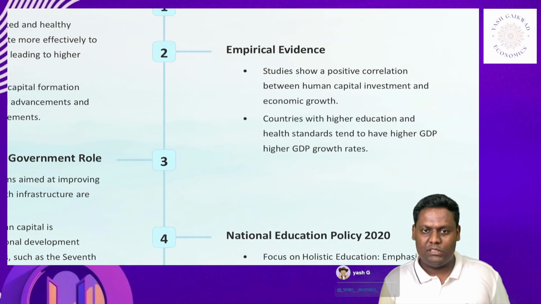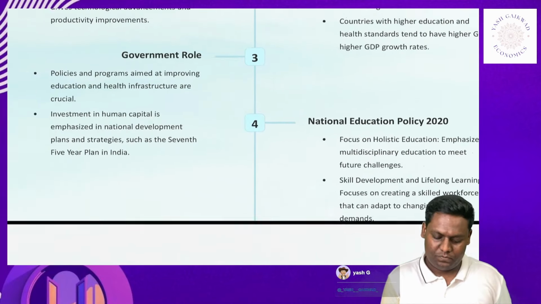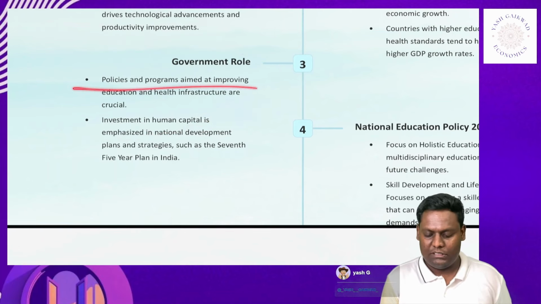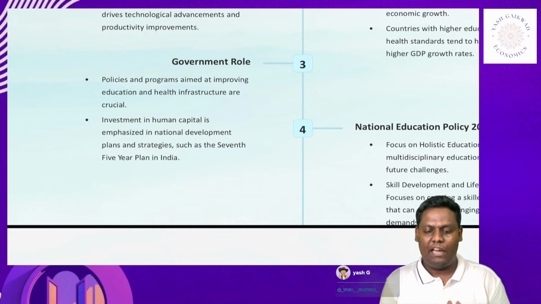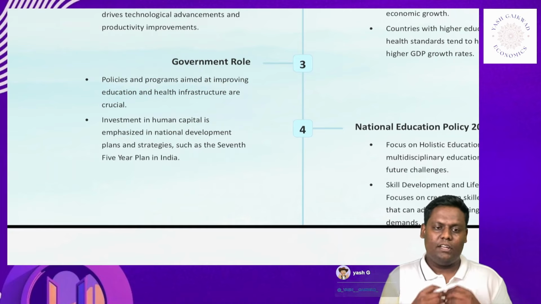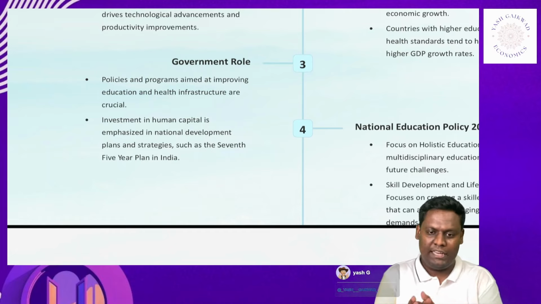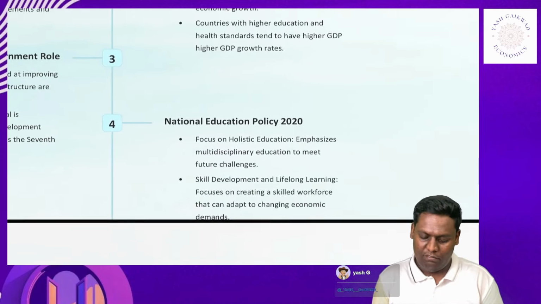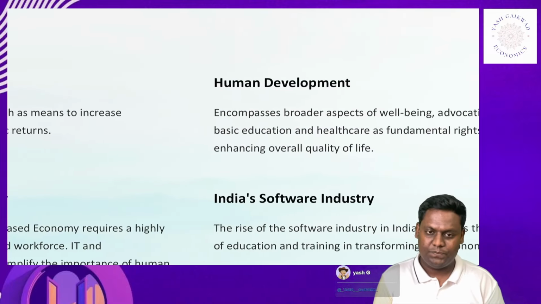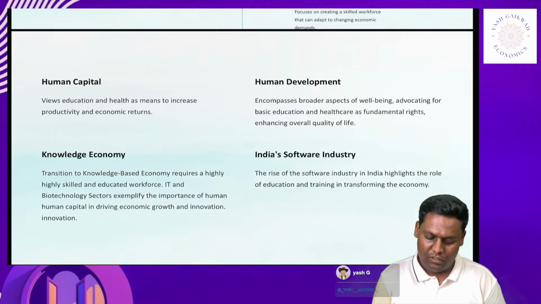And we have also seen the improvement in terms of contribution to GDP. We have discussed the role of government in policy framing and programs and how it can implement them in order to improve the overall state of education and health in the country. And we have also seen various key aspects of national economic policy in India.